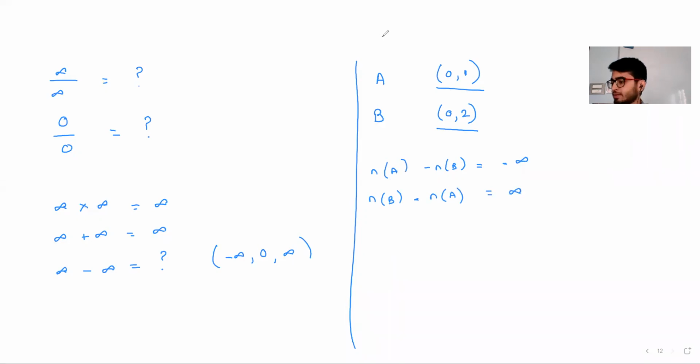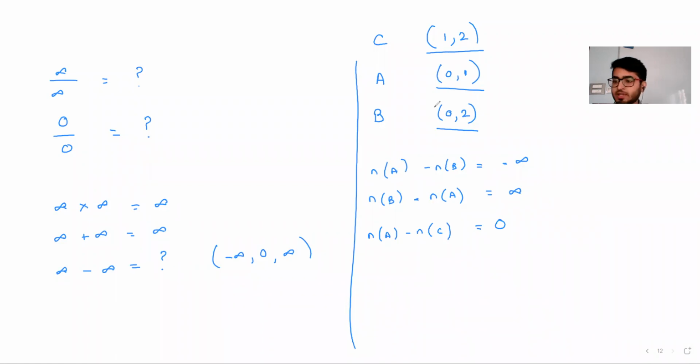And suppose I have another set C, which is nothing but real numbers between 1 and 2. Then NA minus NC will be nothing but 0. There are infinite numbers in A, there are infinite numbers in C, but here both have exactly the same number of infinite numbers. Again, it might sound a bit confusing: how can two infinites be equal? We haven't even counted.